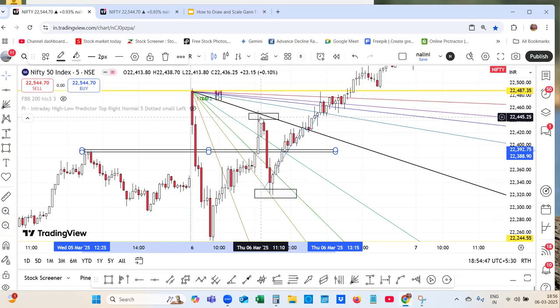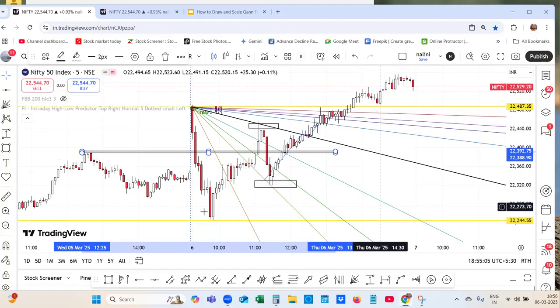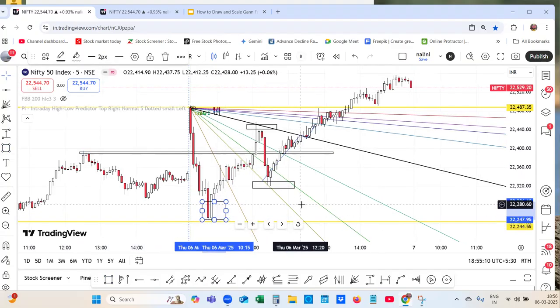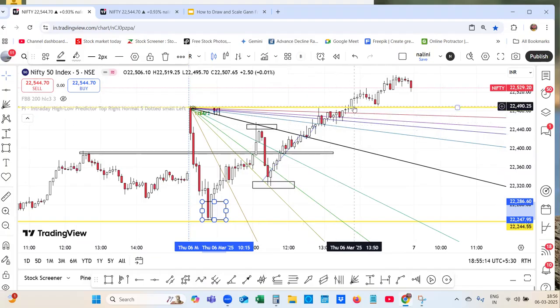So when we see the breakout, what we are going to do is wait for the retest. And when we see this low was held and the market started moving higher, the market crossed all the boundaries.